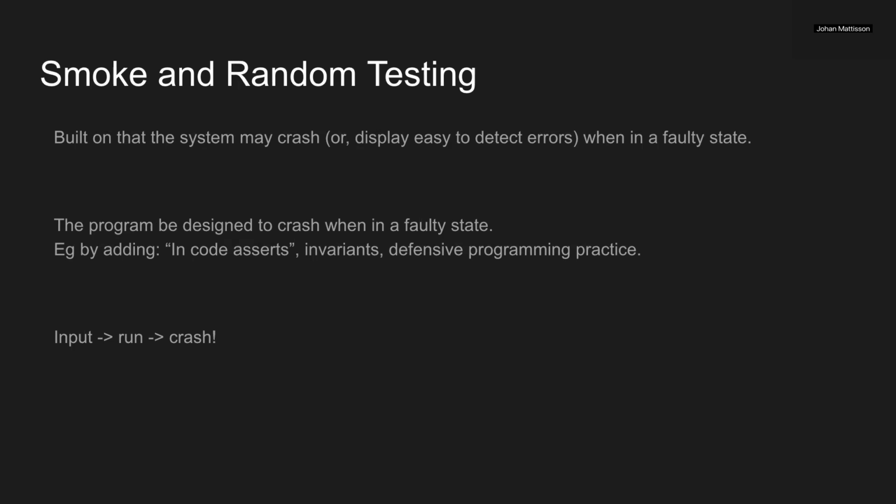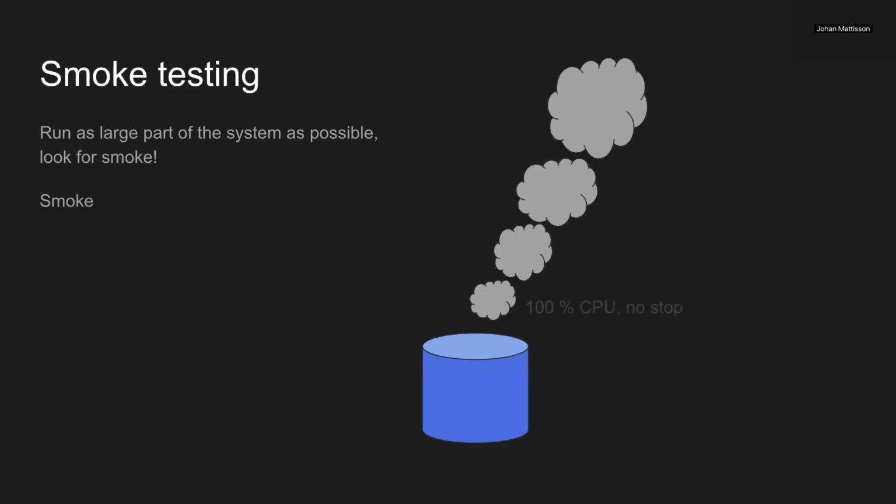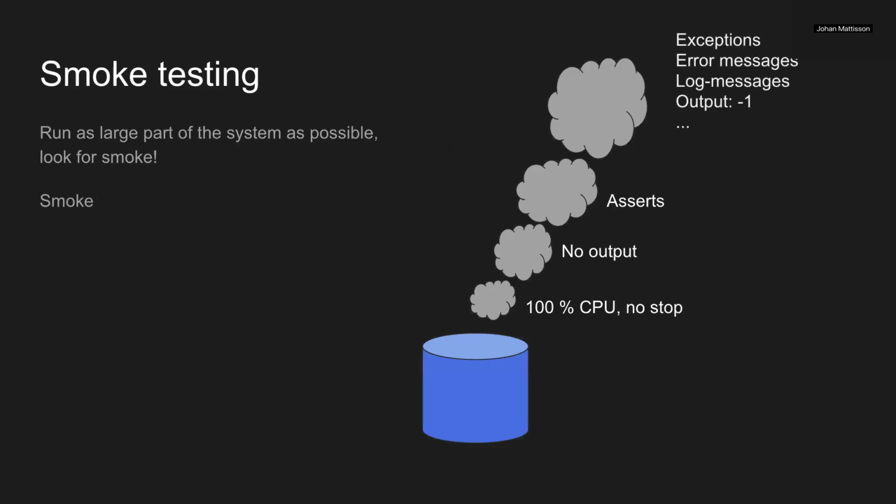Smoke and random testing are built on the idea that the system may crash, or be designed to crash when a faulty state is indicated. Basically, smoke testing is when you deploy or run a version of your system and verify that it doesn't go kablooey.